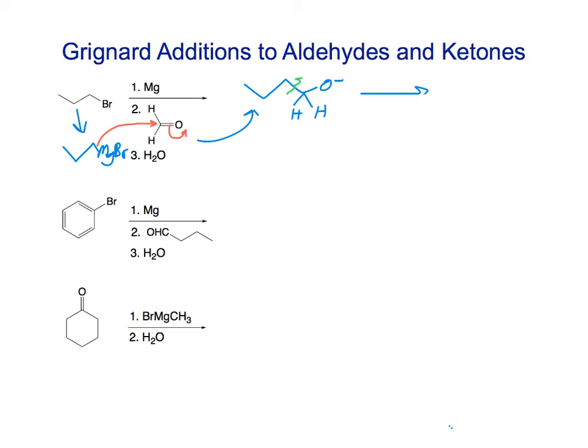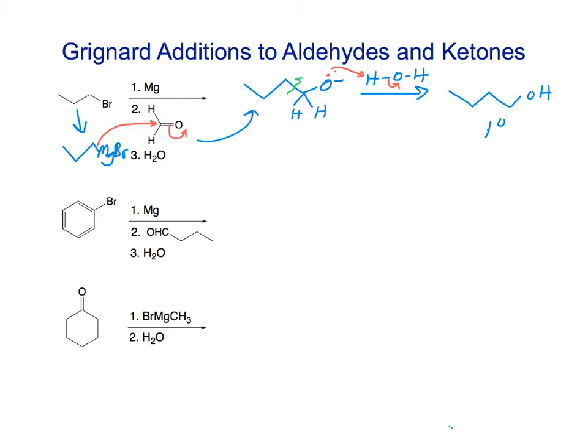We then quench the reaction by adding water, and this simply protonates this alkoxide, and we get a primary alcohol. Okay?